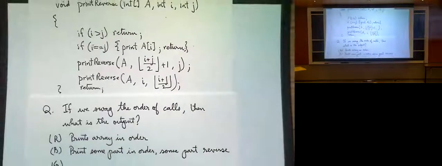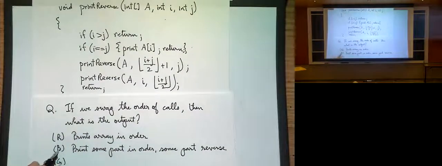Or, sorry, let me zoom out. So it prints the array in order, prints some part in order and some part in reverse, or it prints the array in reverse. Okay, so what does it do? I'll pause for a minute, allow you to think about what's happening.